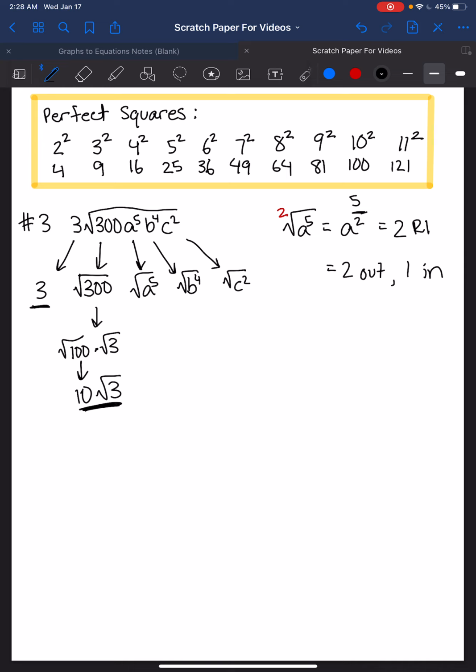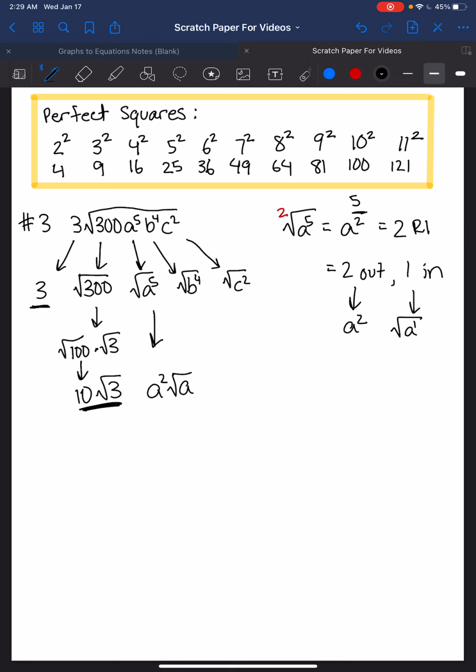So here's how we'll write this. 2 out. Let me interpret it over here first, sorry. 2 out is a squared. 1 in. It's still under the radical. There's that other 1 inside. So that becomes a squared and then the square root of a. Remember, you can drop this exponent because a to the first is just a.